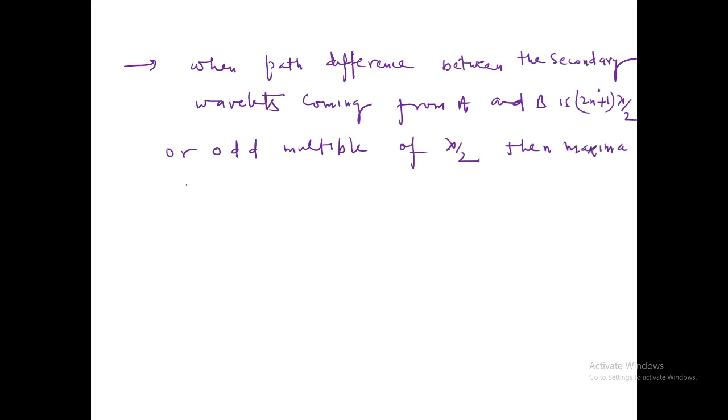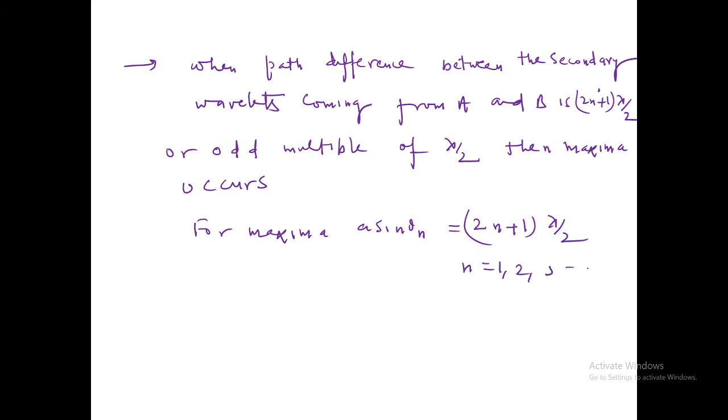Maxima occurs. So for maxima, a sine theta n, which is the path difference, is (2n plus 1) into lambda upon 2, where n is 1, 2, 3, etc.